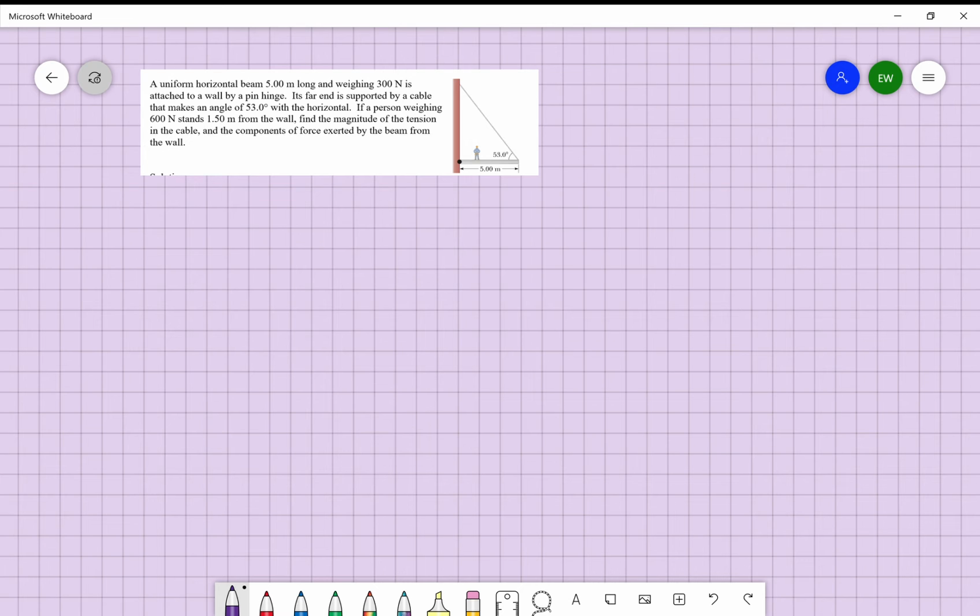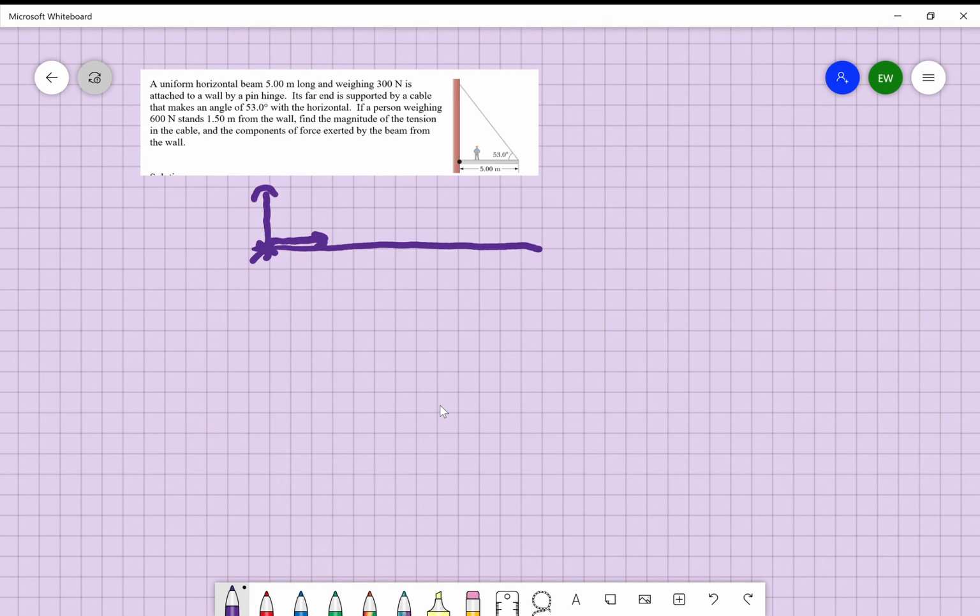All right, so let's doodle. Let's draw us a picture. Here's my beam. These are like force diagrams, torque diagrams, if you will. This is my pivot point. I will mark that. On my pivot point, I have the components that the wall has.